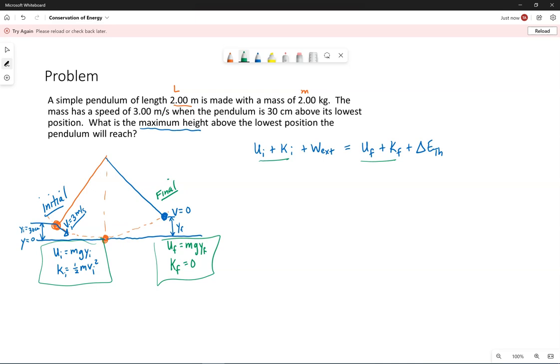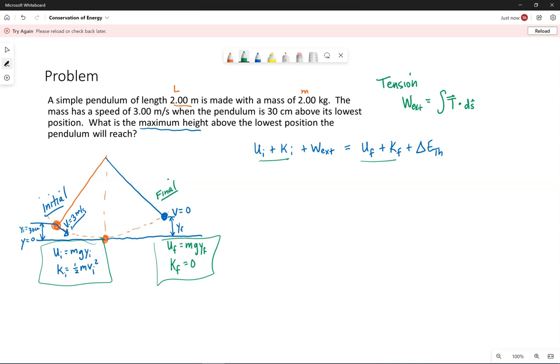Work external means work done by any force that's not gravity, not a spring, and not friction, not kinetic friction specifically. We know there is tension acting on this ball the whole time. That's what's allowing it to swing back and forth like a pendulum. Work external would technically be the integral of this tension force dotted with the displacement.